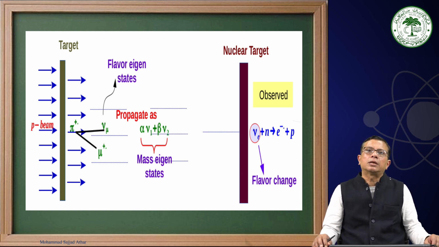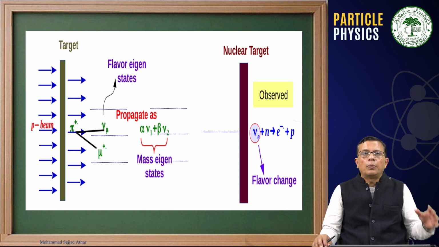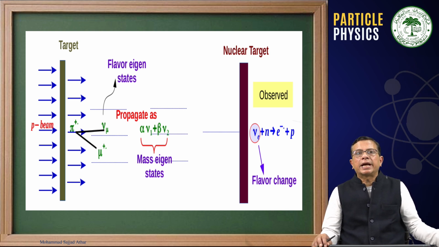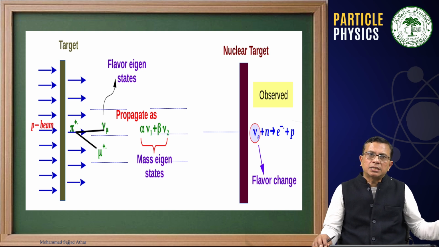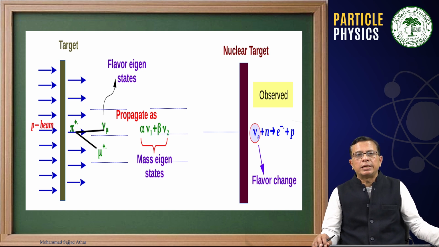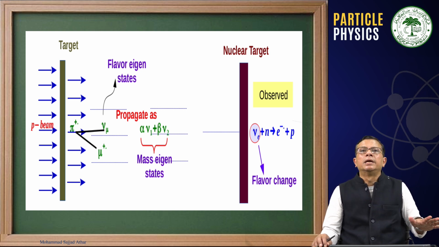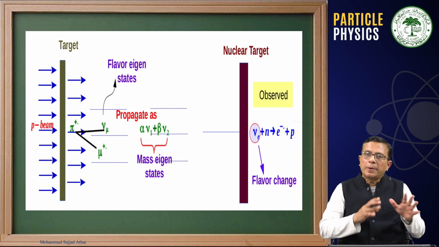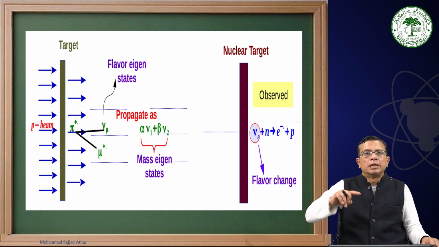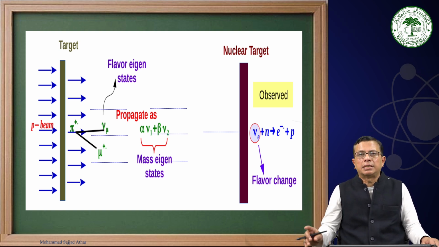The distance is around 300 kilometers. While you have a beam at Fermilab that is taken to South Dakota in the United States, or a beam at CERN that is taken to Gran Sasso in Italy, the distances will be quite different. And depending upon these distances, the oscillation probability will change.